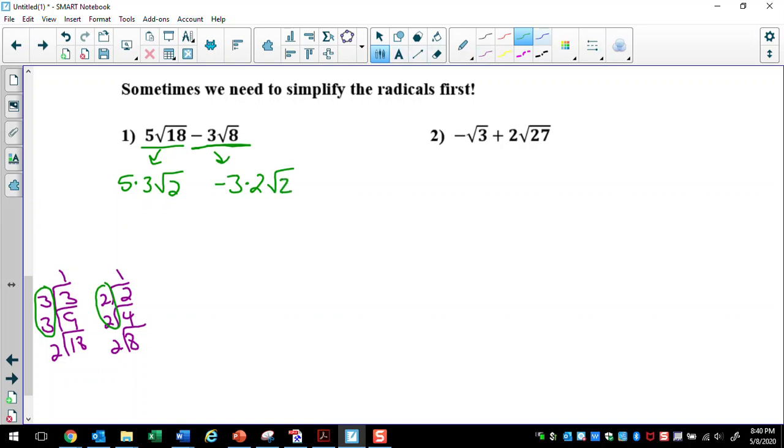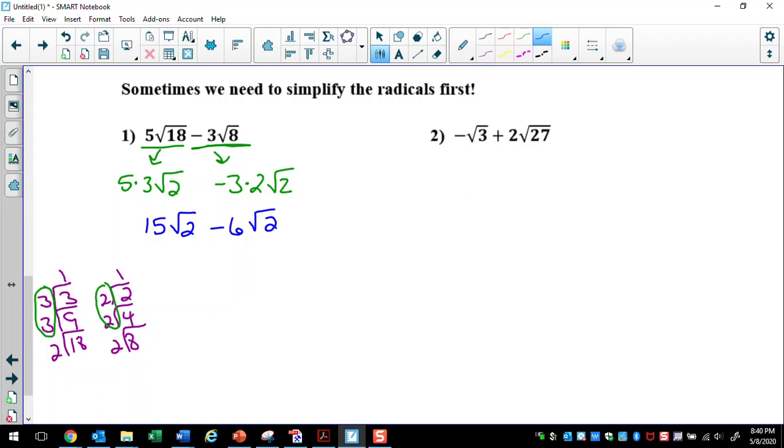Alright, so let's kind of put all this together. So 5 times 3 gives me 15. Negative 3 times 2 gives me negative 6 square root 2. Now I have like terms. So they both have the square root of 2.